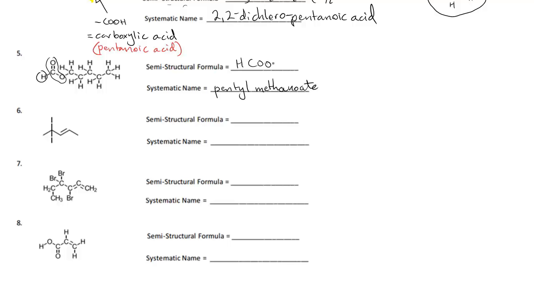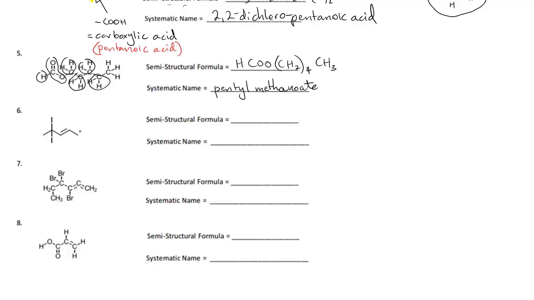Sorry, it's not a COOH, it's COO. This is the ester part, and then followed by a CH2. And there's a few of the CH2 groups, 1, 2, 3, 4. So there's 4 of them, and then there's CH3. So this is the semi-structural formula of the molecule.